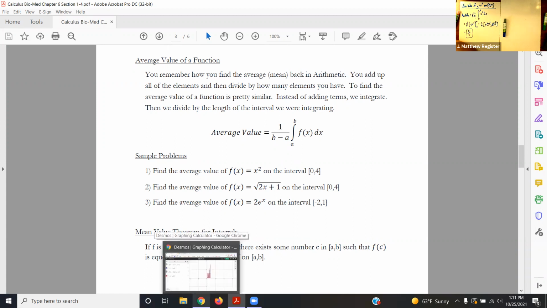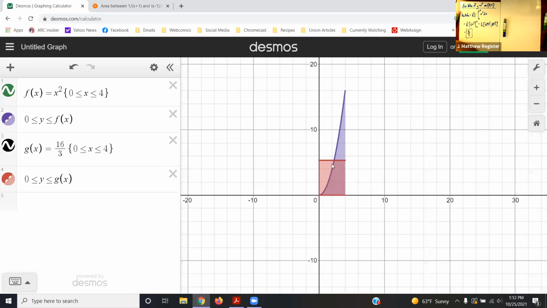What that is saying is if we think of our graph, notice that there's a point here where our average value is crossing our starting function. As long as our starting function was continuous, it's guaranteed that these two things are going to cross, which means that there is a point, in this case, 2.309, 5.333, where the function actually attains its average value.